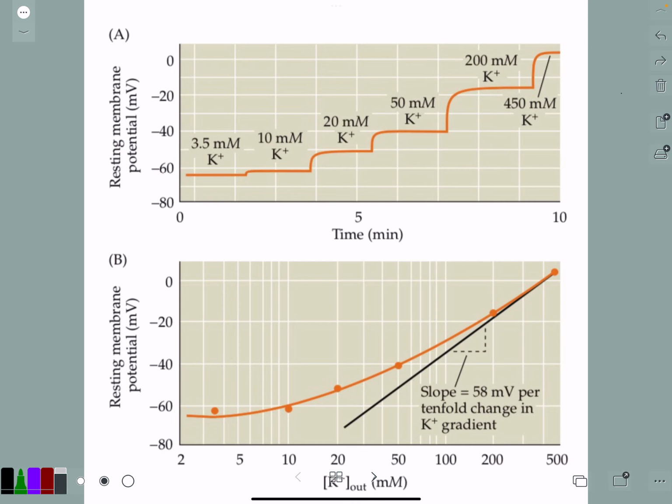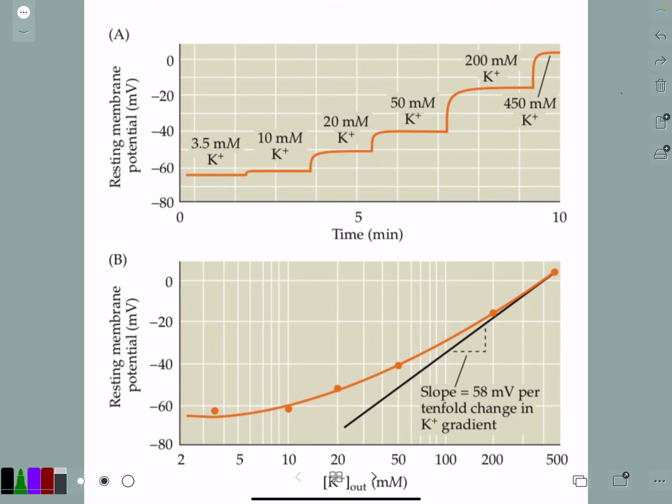So they did this, and this is what they expected. If potassium's driving it, and we increase potassium on the outside, that should reduce that equilibrium potential, because there isn't as much of a chemical drive pushing it over, and plus the electrostatic drive is stronger pushing it the other way. And this is what they found.